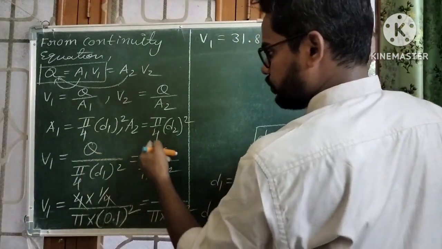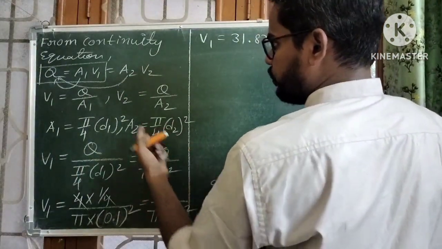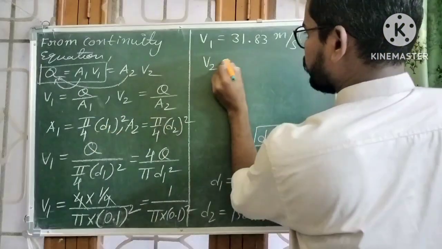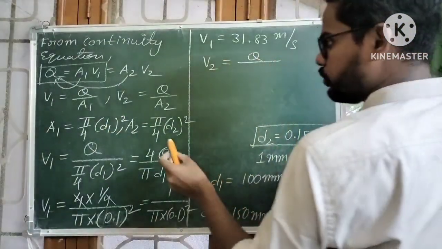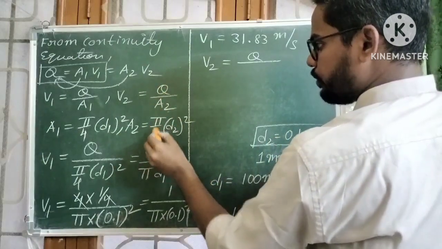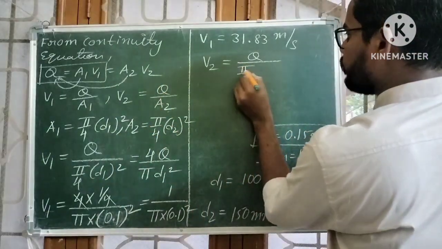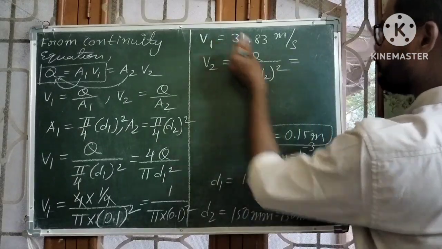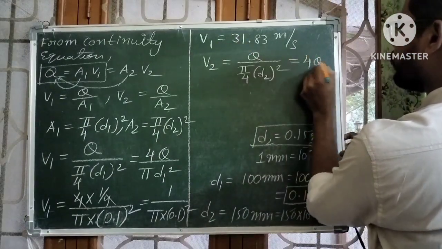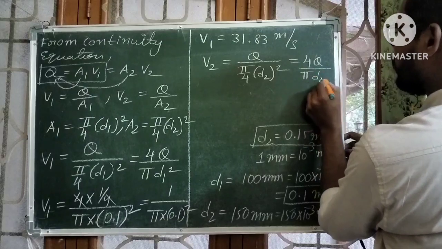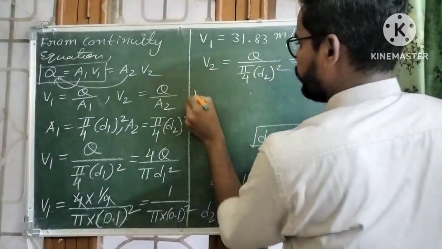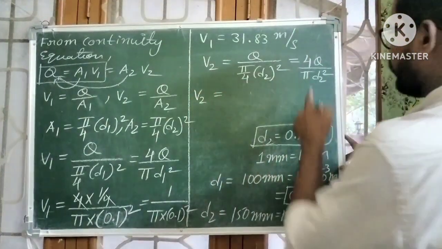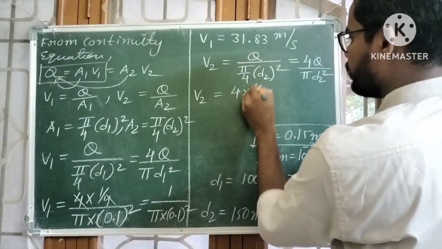And what about v2? v2 is equal to q by a2. What is a2? Pi by 4 into d2 square. So reciprocal of pi by 4 is 4 by pi. 4 into q, 4q by pi d2 square. v2 is equal to 4 into discharge and keep 1 by 4.